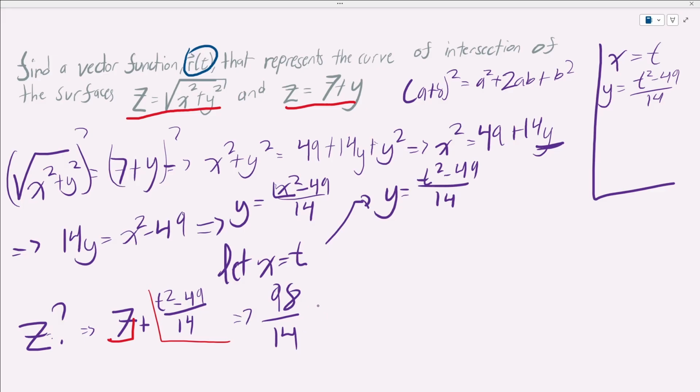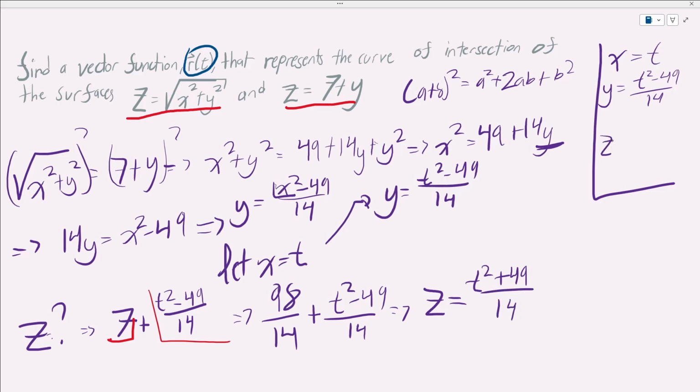So we'll have 98 plus t squared minus 49 over 14. Negative 49 plus 98 is going to be positive 49. So now we're left with z is equal to t squared plus 49 over 14. And so that's what our z is. So let's write that.